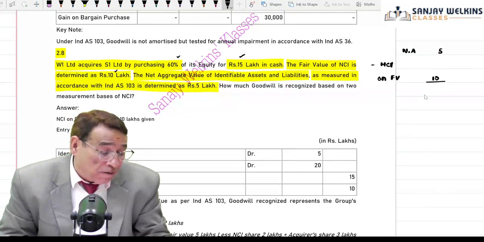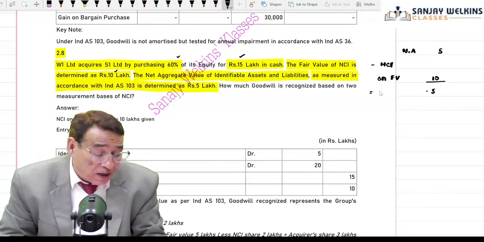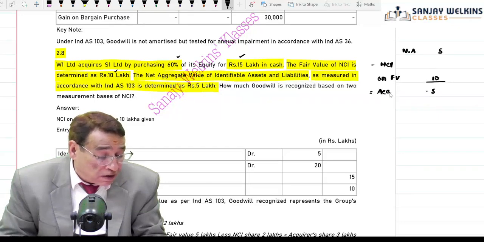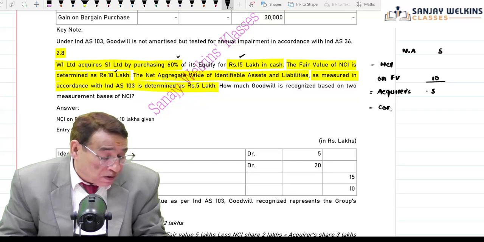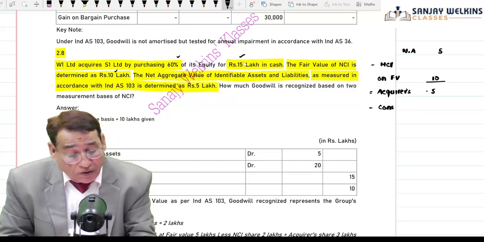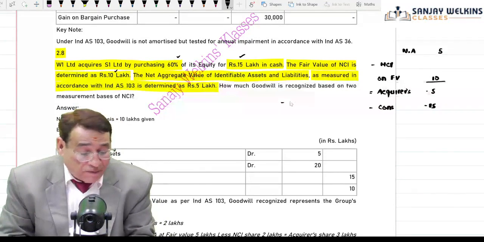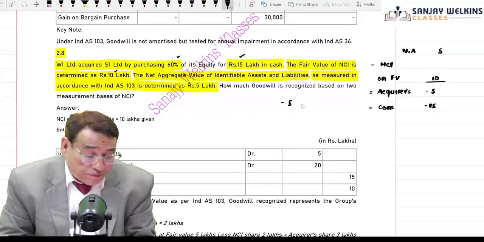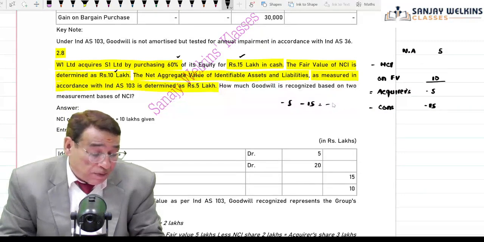So that means acquirer's share is minus 5. And you are subtracting consideration. The amount of consideration is 15 lakh. If I subtract 15 lakh from minus 5, I will get minus 20.